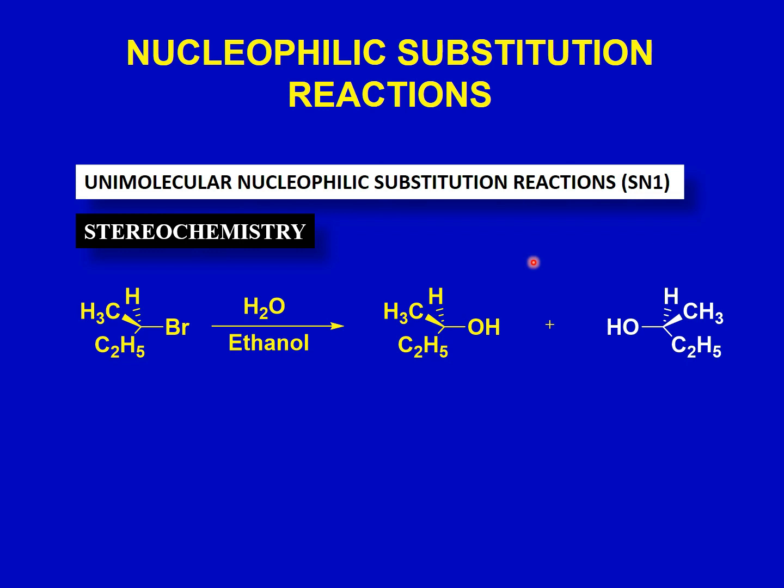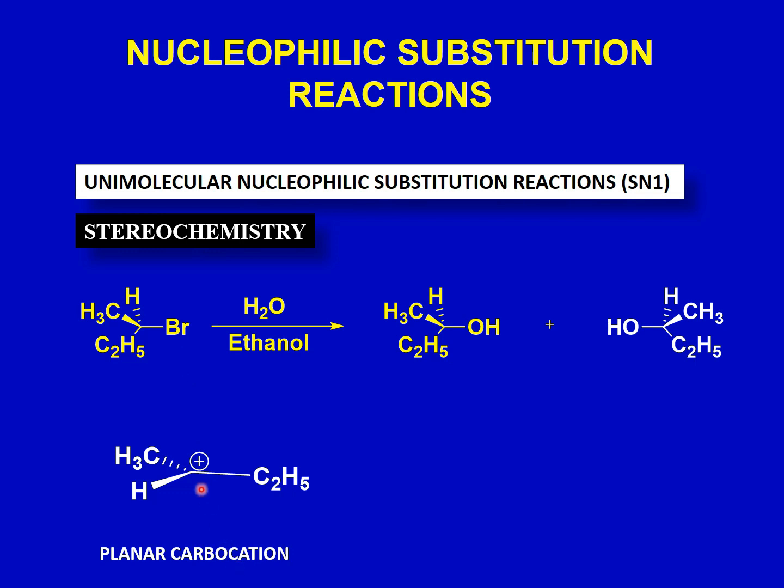Why is this so? This secondary alkyl halide, or bromobutane, goes through an SN1 reaction, and as you know, it completes in two steps. The first step is the bond breaking between the R group, which in this case is a butyl group, and the halogen. When the bond between the halogen and the R group breaks, we have the formation of a carbocation.